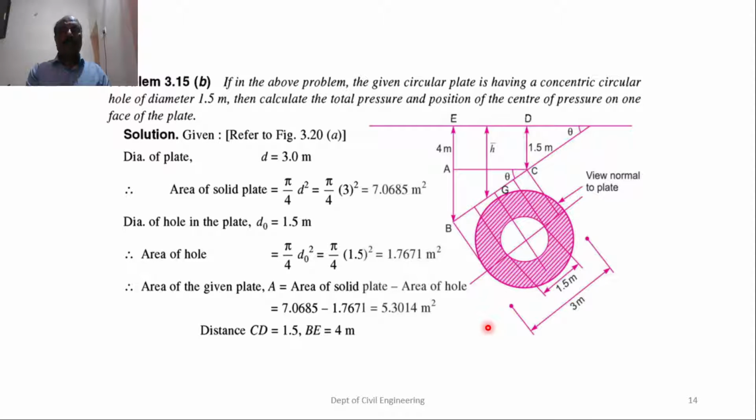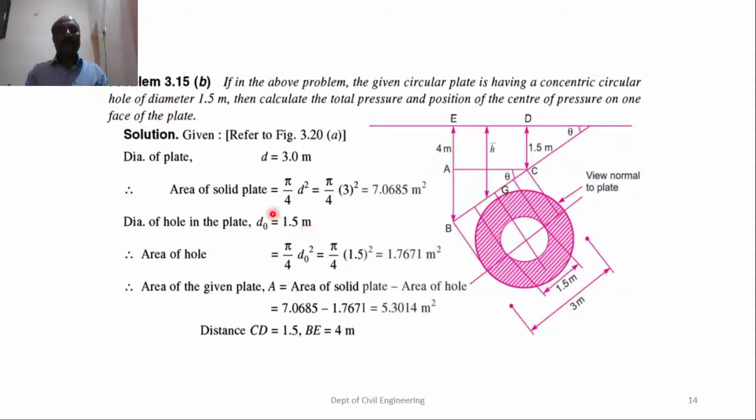Another example, if in the above problem the given circular plate has a concentric circular hole of diameter 1.5 meter. Calculate the total pressure and position of the center of pressure on one face of the plate. Here the outer diameter D is 3 meter. Area of the solid plate is this much.